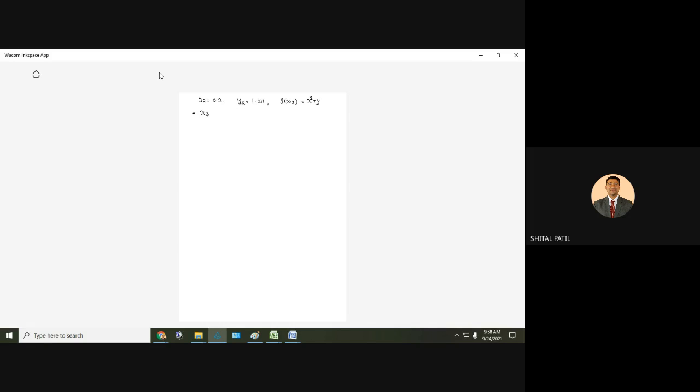Now we want to find x3, that is x2 plus h, 0.2 plus 0.1, 0.3, y3, y2 plus h, f of x2, y2. So y2 plus h and f of x, y is here x square plus y. So x2 square plus y2, 1.211 plus 0.1, x2 is 0.2 square.